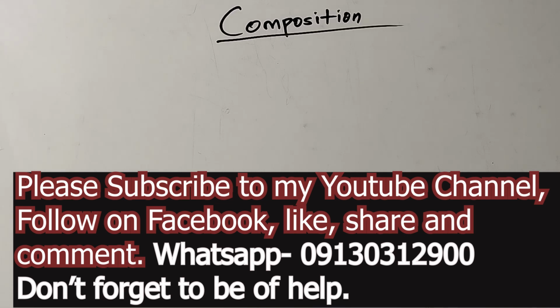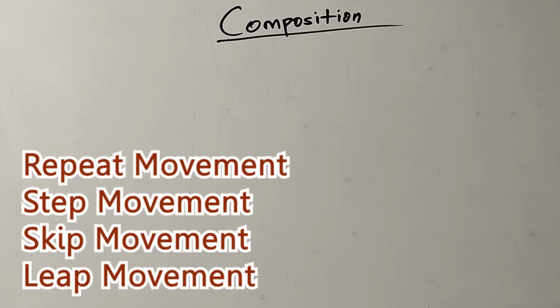So another one you should know about composition after knowing this is what we call, I said it before, how the melody comes. We have repeat motion, we have step motion, we have skip motion, and we have rip motion, the melodic movement. Maybe you don't have all these things I mentioned before, and there is a way you can, through creativity, compose.